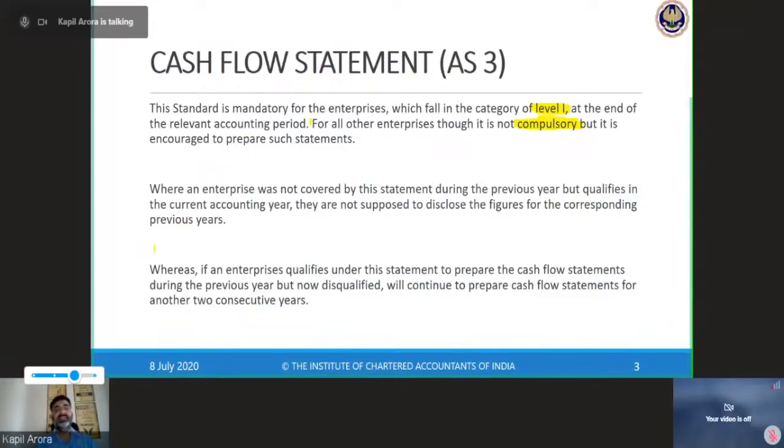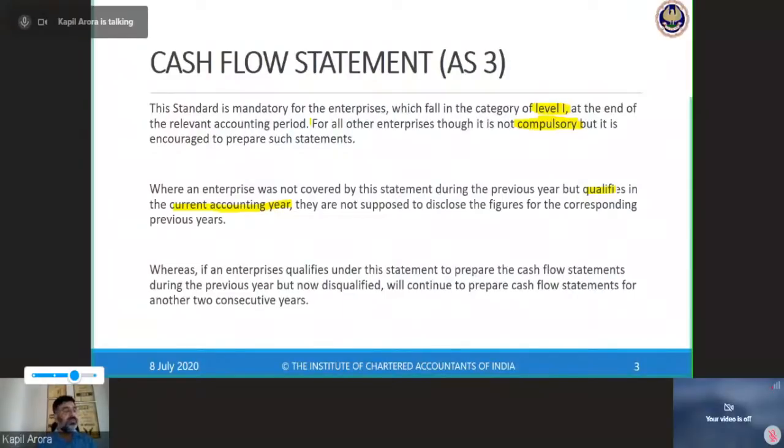It says where an enterprise was not covered by this statement during the previous year, because that was small and medium enterprise last year, but this year it has come out of the definition of small and medium enterprise, and in the current accounting year it qualifies, right?